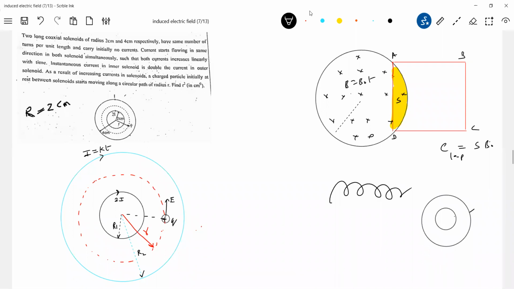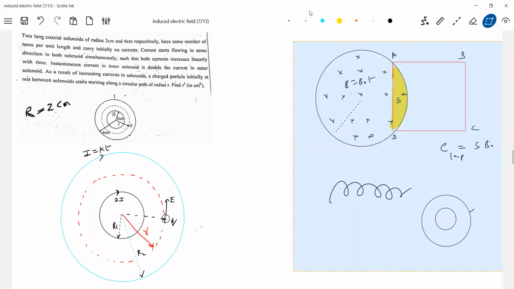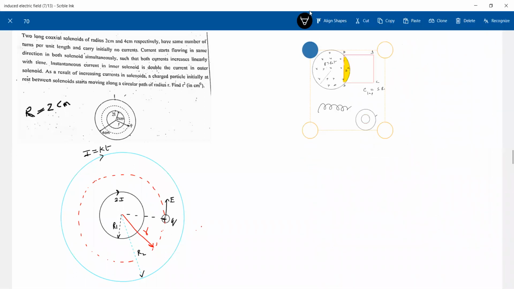We should calculate the flux linking, no? Now, what about the flux linking in a region of radius r, where the first solenoid can produce the field? So if you are getting confused, do take help of superposition of both the fields.